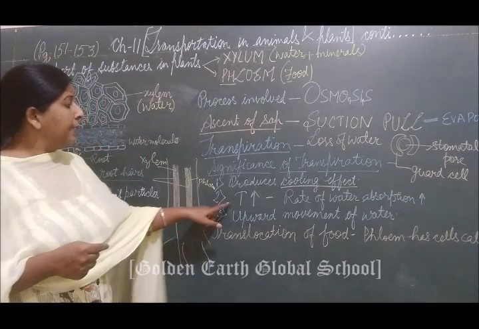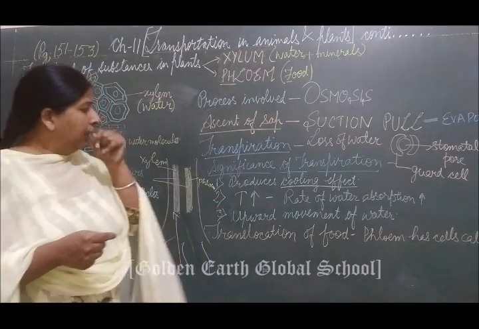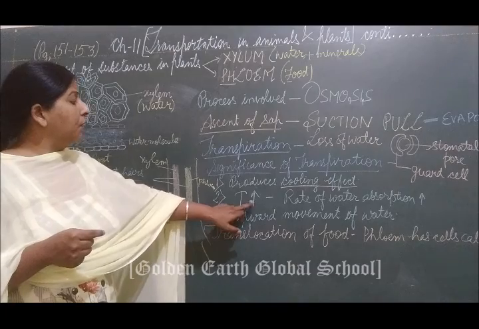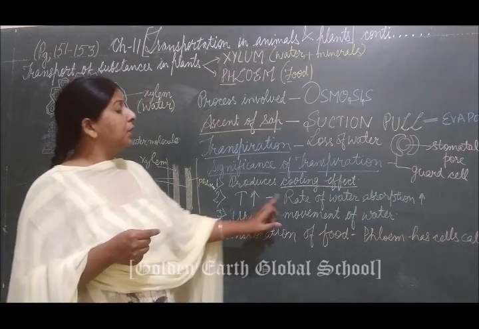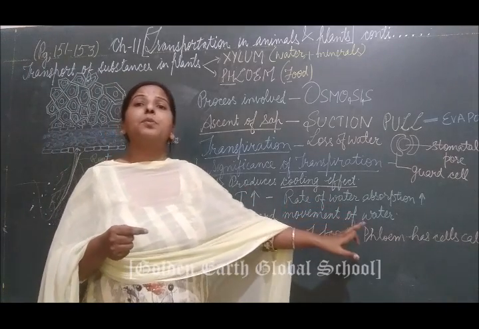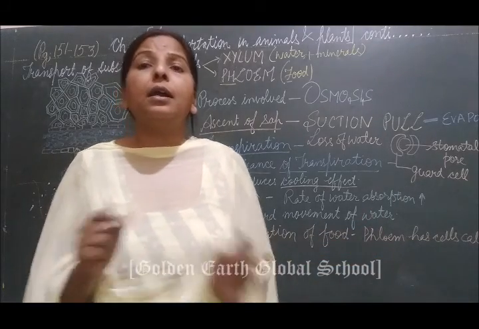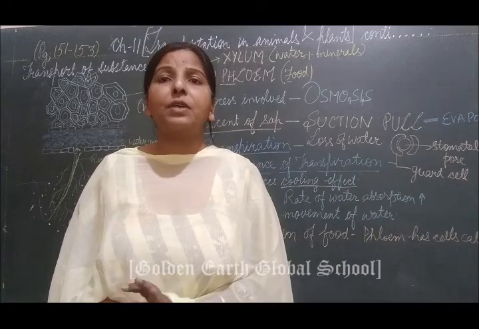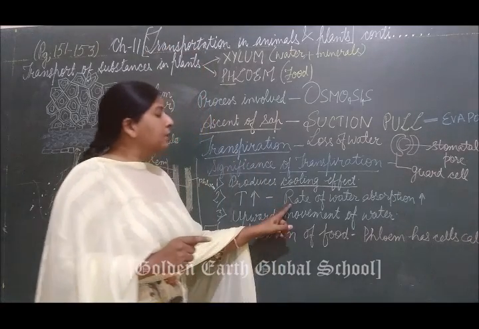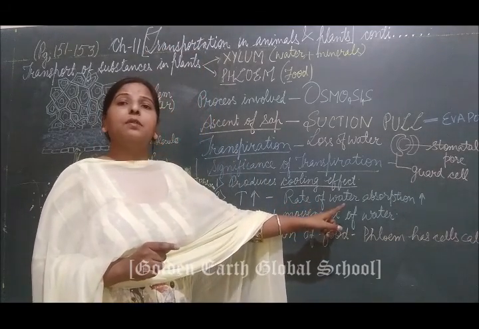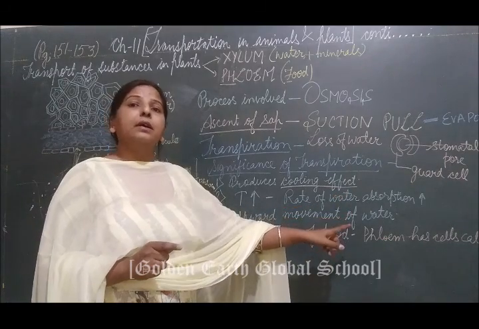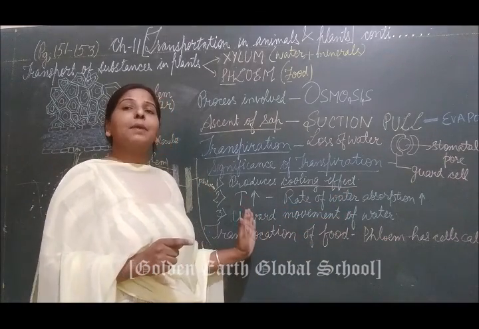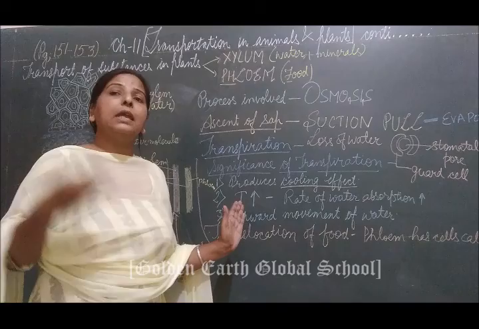ठीक है, and next, if the rate of the transpiration increases, it causes the rate of the water absorption also increases. अगर ट्रांसपिरेशन का रेट बढ़ जाता है, अगर ट्रांसपिरेशन प्लांट बॉडी में फास्ट हो जाती है, it means that the rate of the water absorption will also increase. ठीक है, ट्रांसपिरेशन फास्ट होना मीन्स the loss of the water is getting faster.